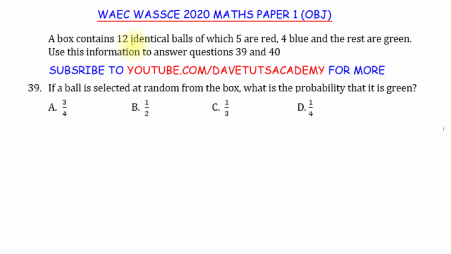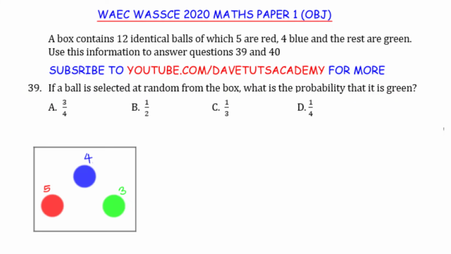A box contains 12 identical balls, of which 5 are red, 4 blue, and the rest are green. We are to use this information to answer questions 39 and 40. So here in question 39, we are told that if a ball is selected at random from the box, what is the probability that it is green?